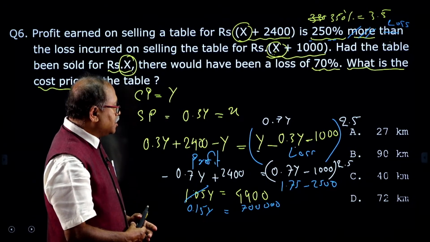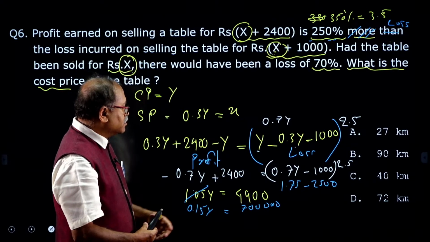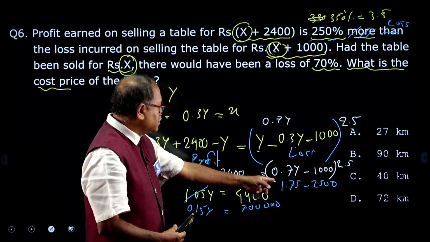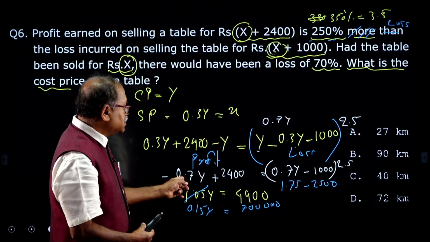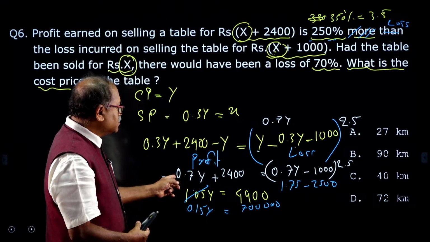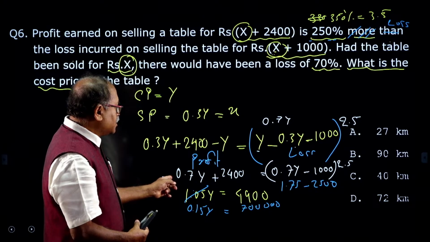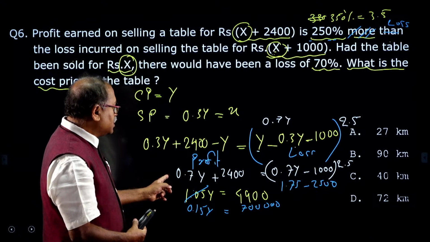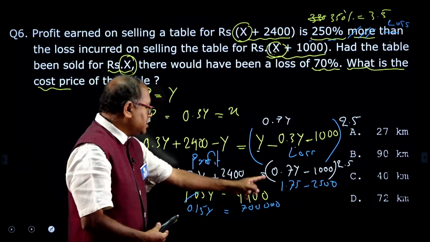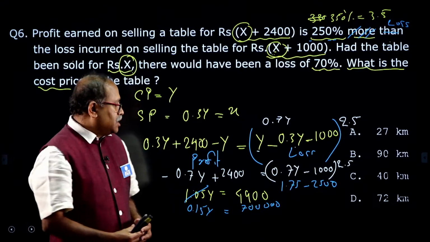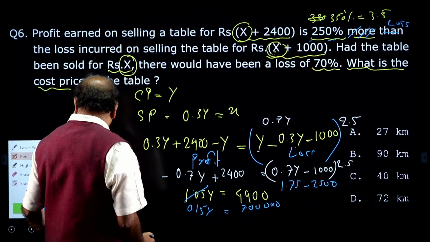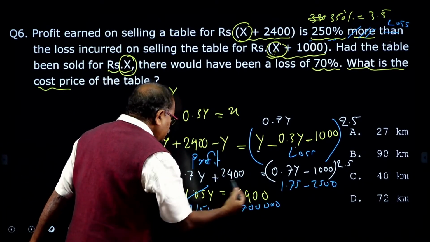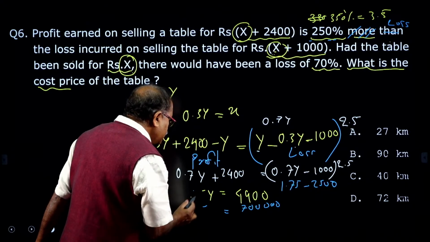Did I make any mistake over here? 1.7 Y is correct, minus 7 Y, that is also correct, and when I take that to the other side, it should be plus. I made it minus, it should be plus. So, this figure will change.